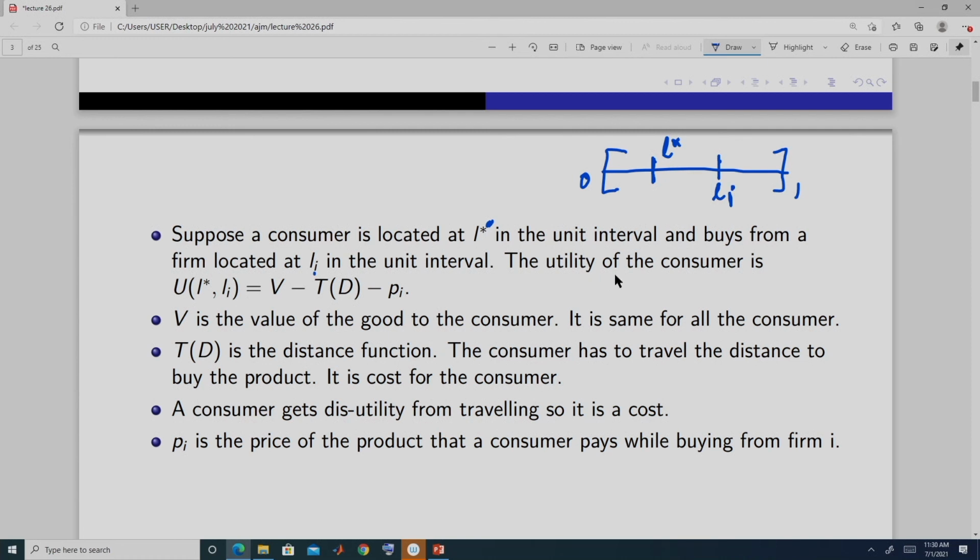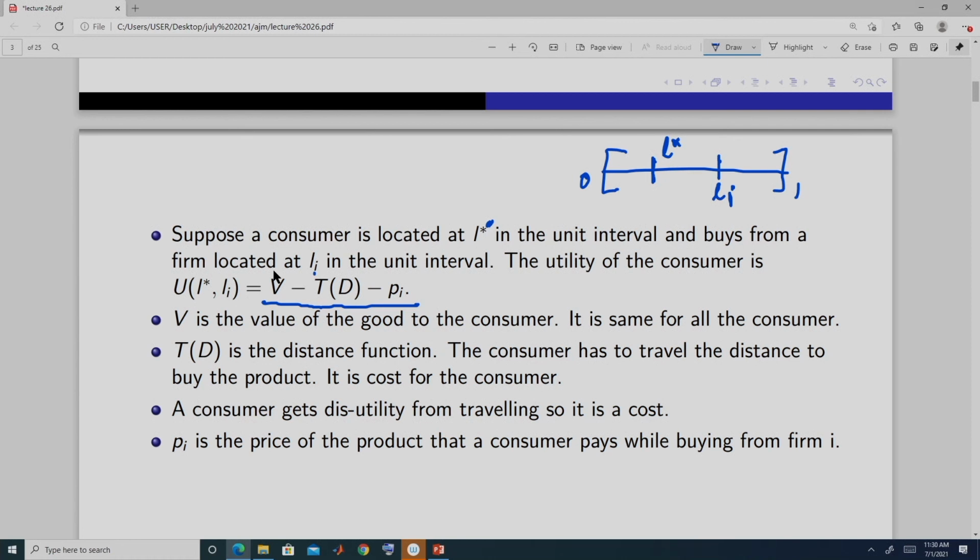So, the utility of the consumer is given by this function. What is this function? V is the value that the consumer gets from the consumption of this good. So, you have a utility function, and in that utility function you plug in the optimal value and you get the value function.